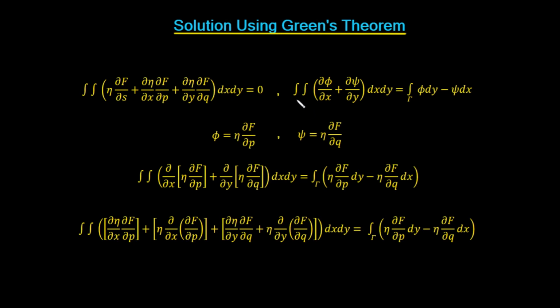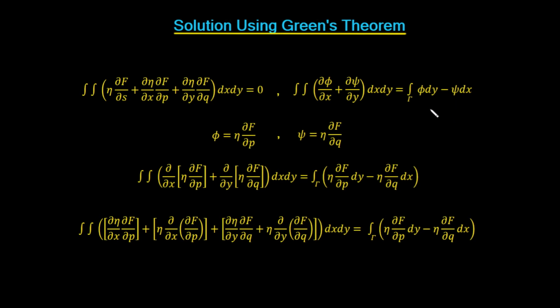What we're going to do is make a substitution for our phi and our psi. So we're going to say that let our phi equal eta partial f by partial p and psi equal eta partial f by partial q. So let's put these substitutions here into this Greens theorem. So the right hand side here is simple enough.